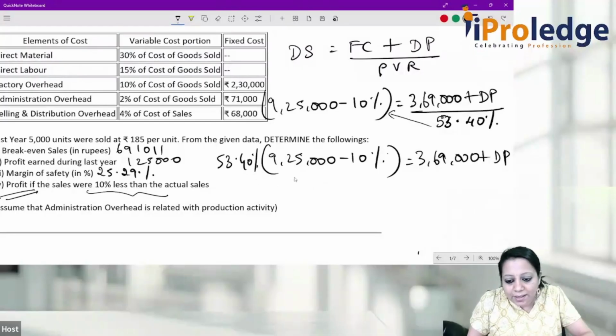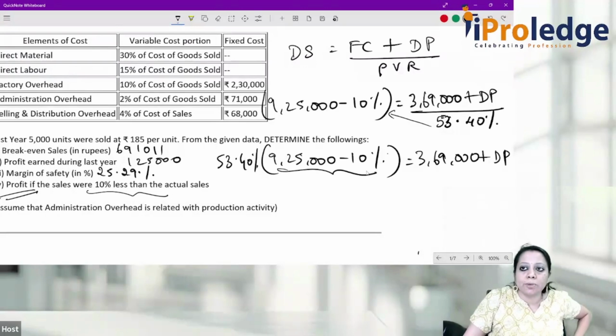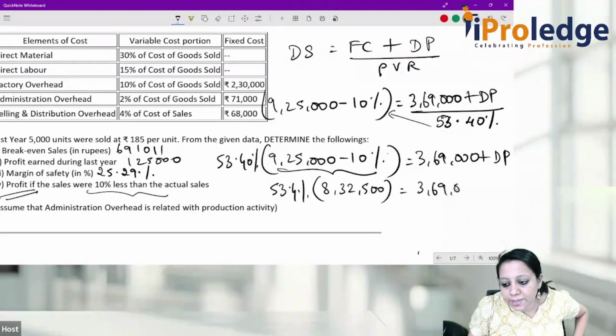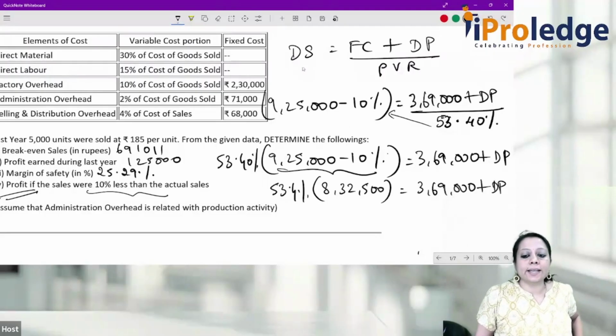One minute, what did I do? Sorry. 9,25,000 into 90%, we can do that, right? 9,25,000 into 90% is 8,32,500. 8,32,500 into 53.4 percentage is equal to 3,69,000 plus desired profit. So what did we do, students? Desired sales is 10% less.